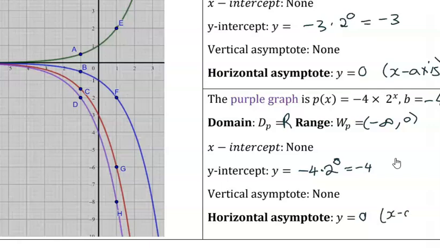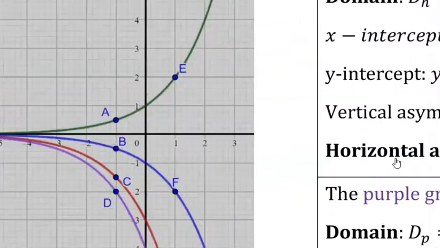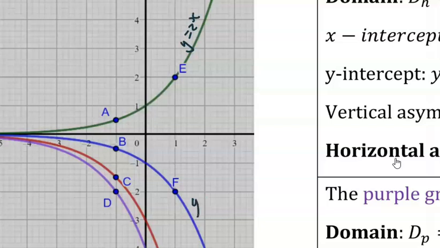So if we label our graphs here, we will have y equal to 2 to the x. This is y equal to -2 to the x, and this one here is y equal to -3 times 2 to the x, and the purple one is y equal to -4 times 2 to the x.